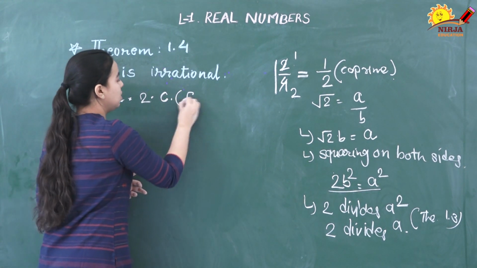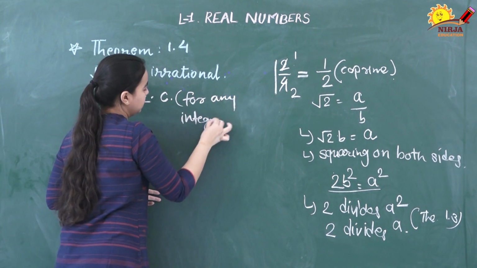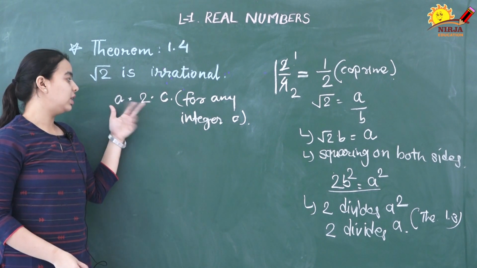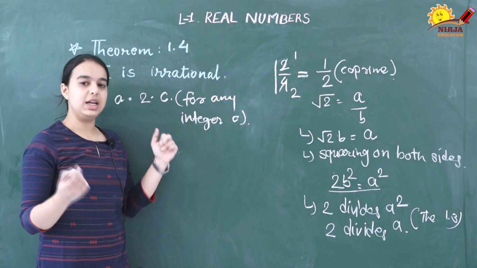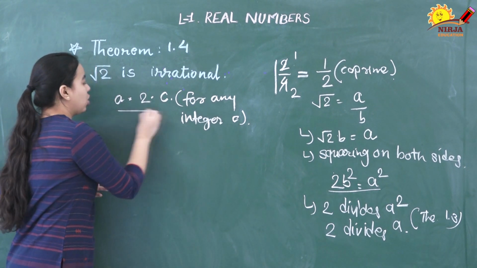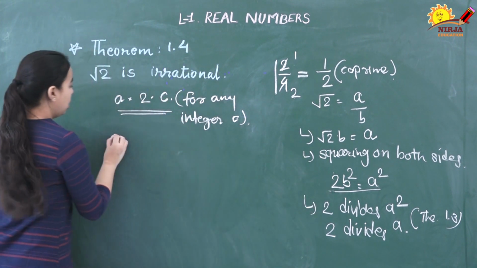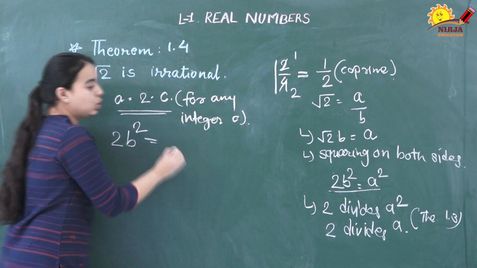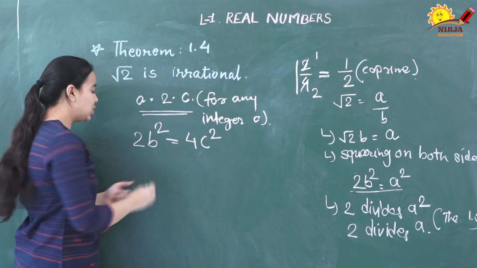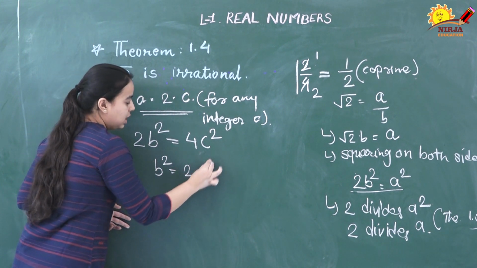Now the value of a that I got, I put in the equation 2b square is equal to a square. It will be 4c square. Solving again, I get b square is equal to 2c square.